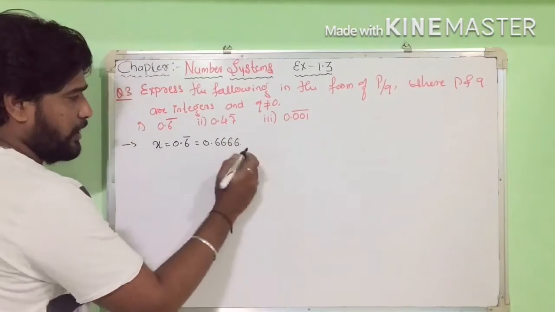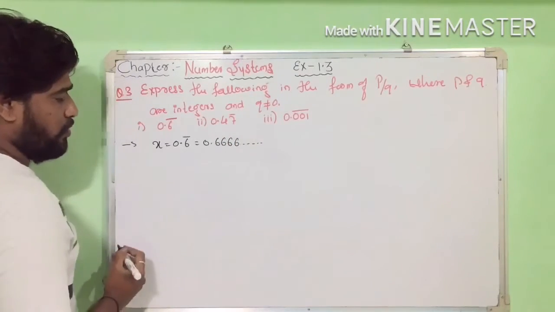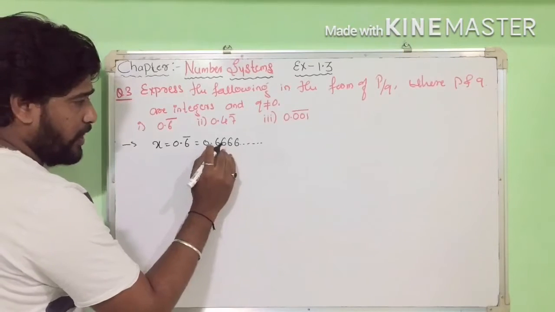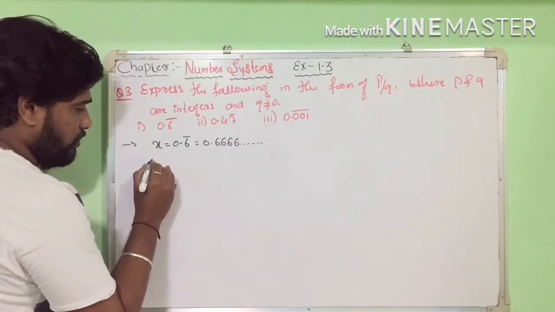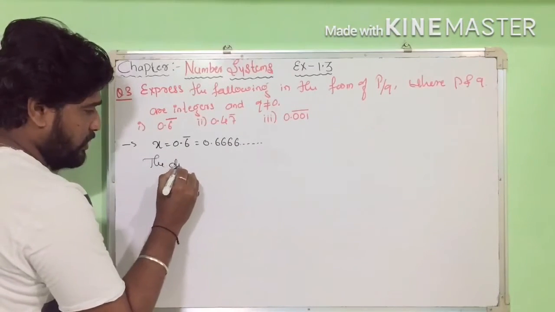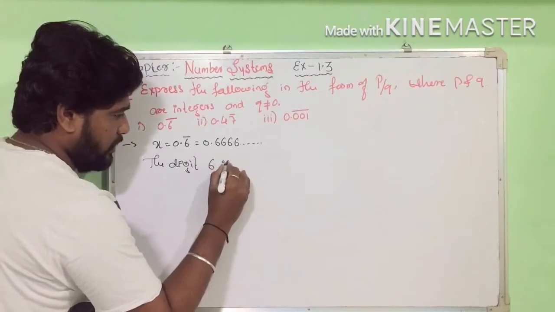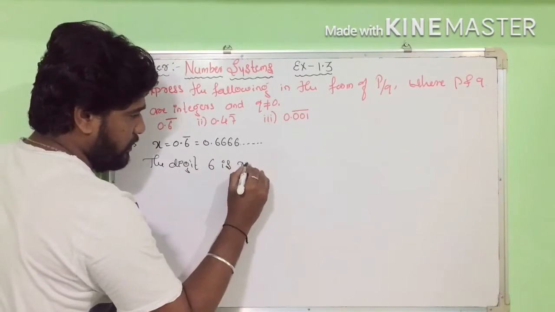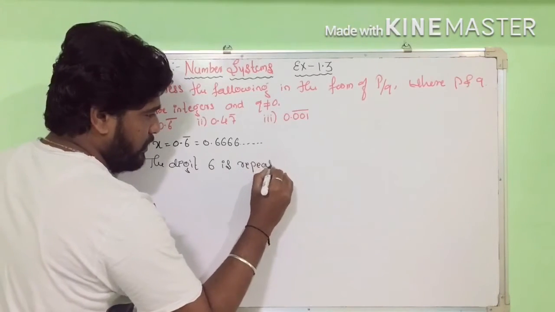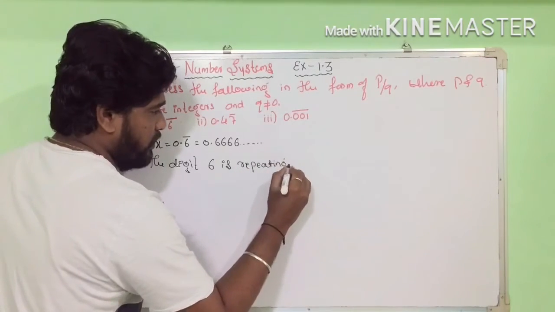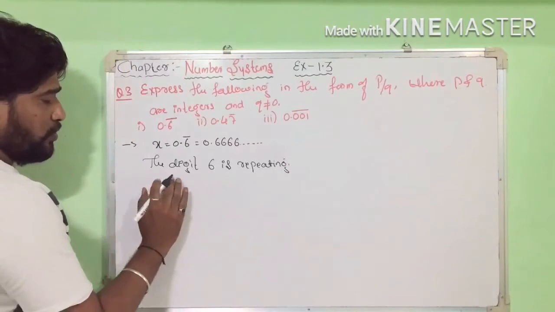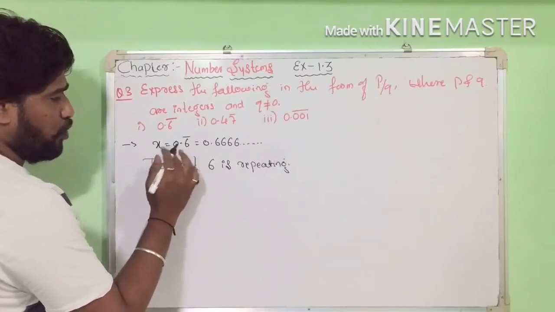0.666 recurring and so on, right? So here one digit is recurring, so write down the digit, 6 is repeating. So 6 is repeating, so we multiply by 10 on both sides.